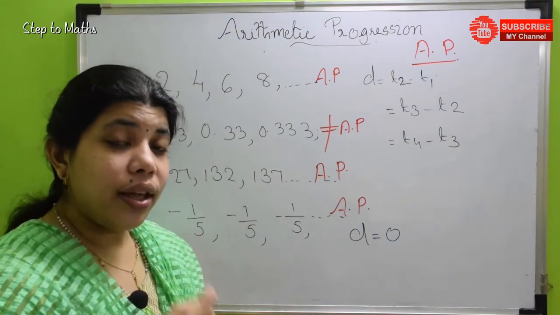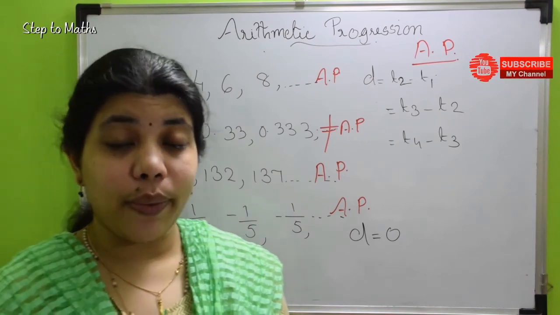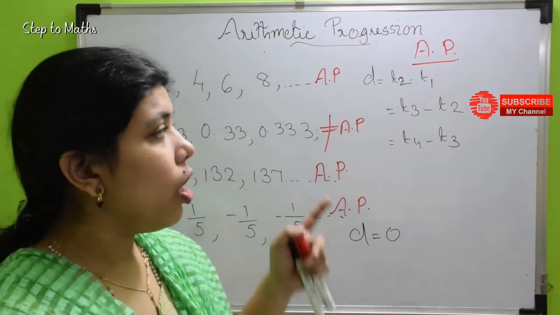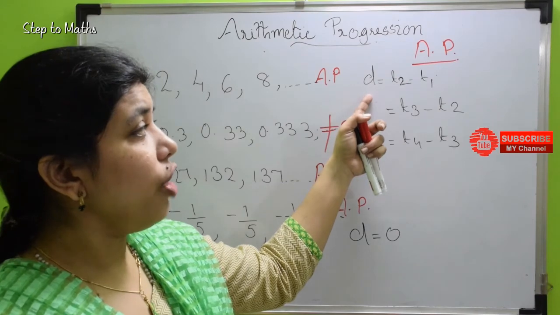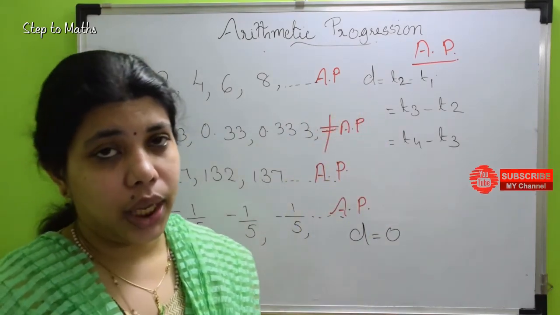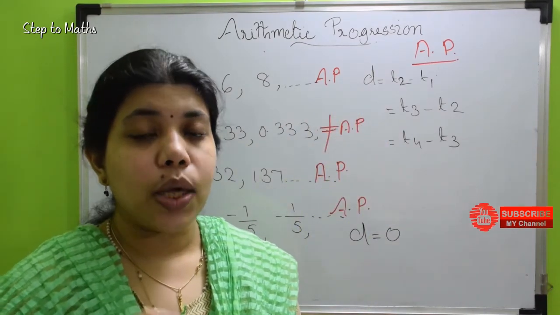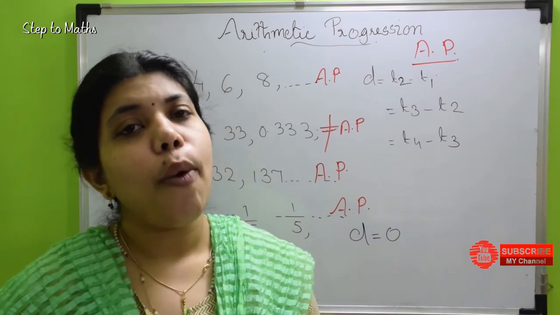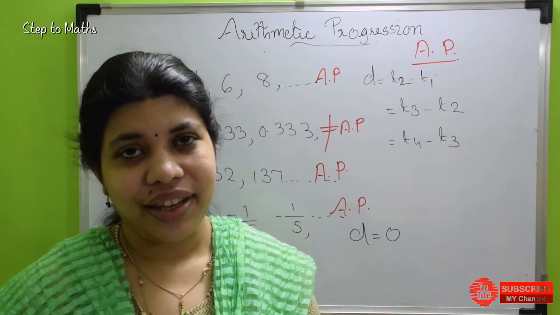To determine whether a given sequence is in arithmetic progression, find the value of D, and if this D is constant for that sequence, then that sequence is in arithmetic progression.